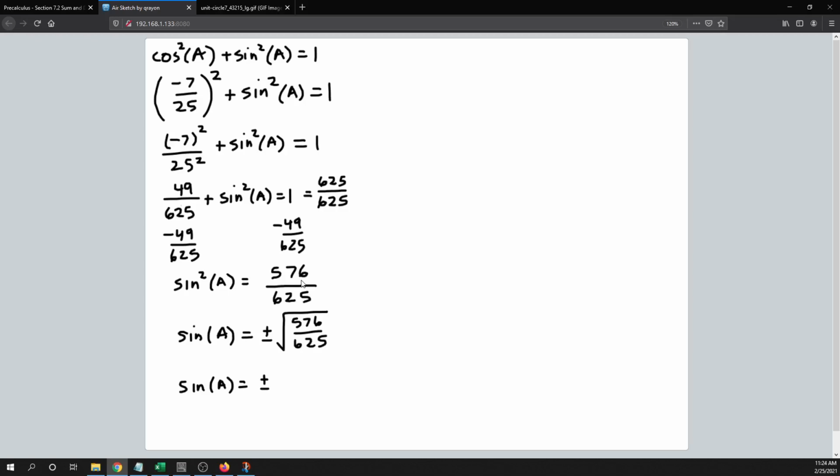All right, and so I need to reduce that. The square root of 576/25 is going to be the same as the square root of 576 over the square root of 625.